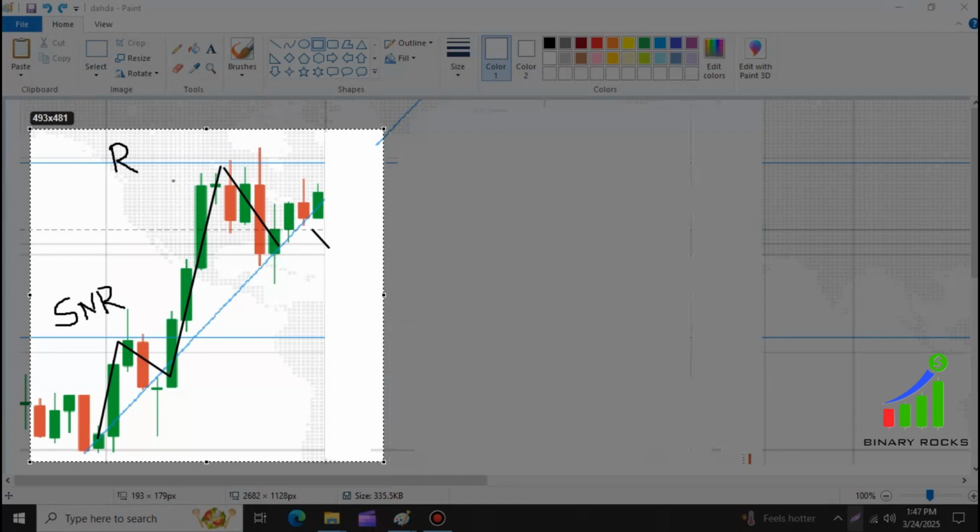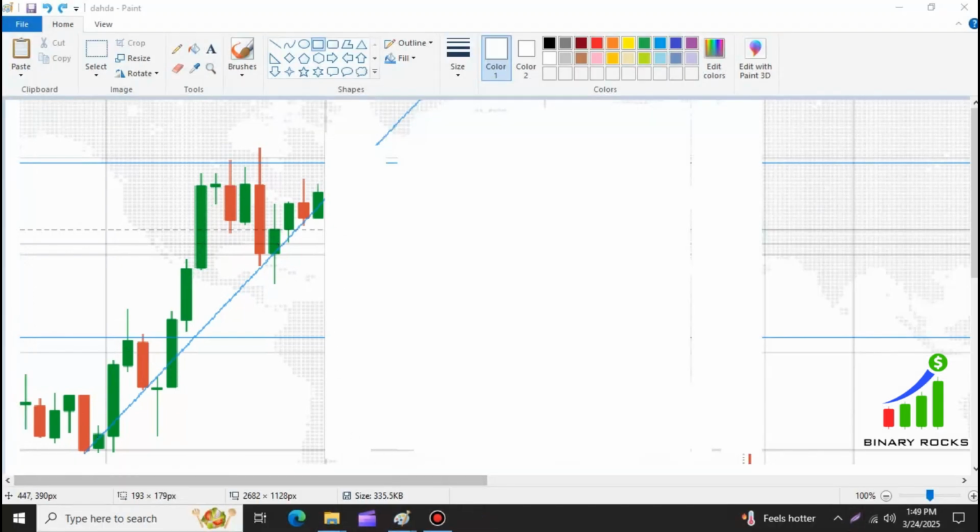Here, if you notice, there is a gap. The resistance is still far, but the trend line is respecting, and overall the market already has strong buyers. Can you guess what the next candle is? Yes, you still have a gap, which means you can go with buyers here.